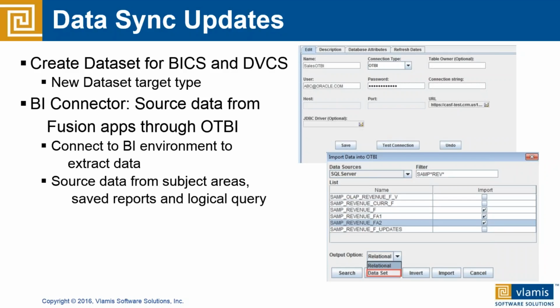So that allows BICS to get at your Fusion data, and you can see here's an example where in the screen we're importing the data into OTBI from SQL Server, connecting to your BI environment to extract that data and make it accessible through your BICS account. You can source from subject areas and saved reports and logical queries.